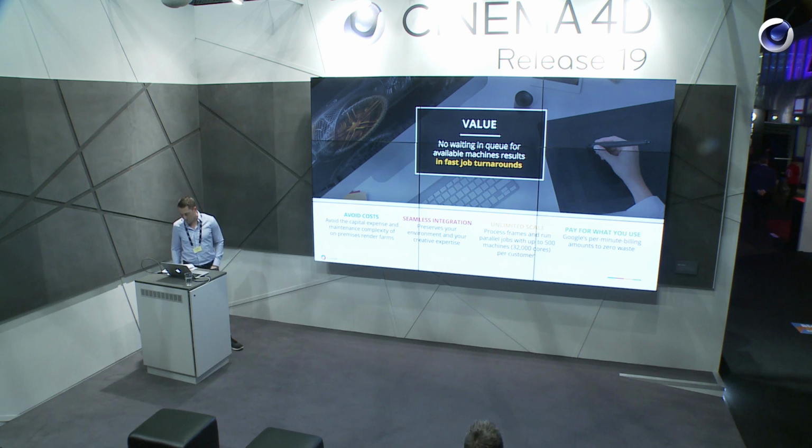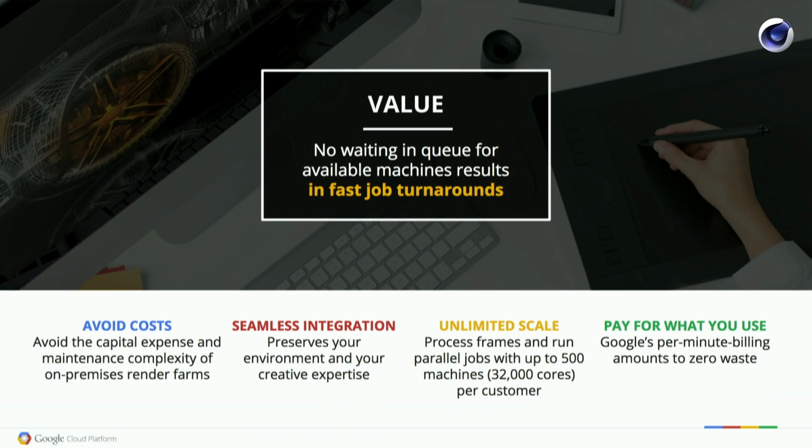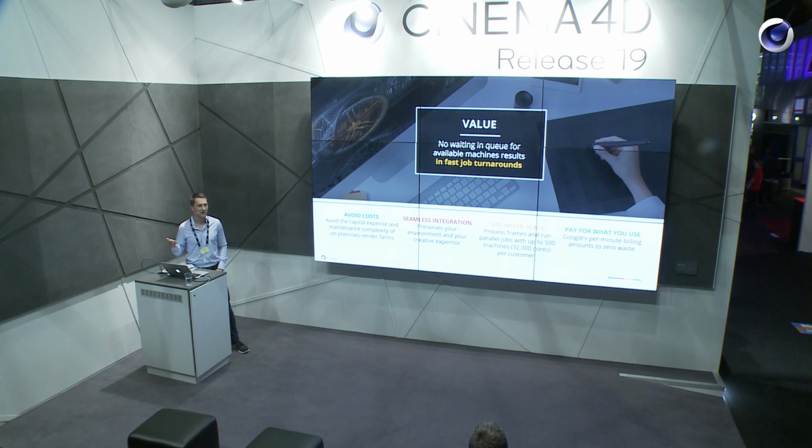And so there's other benefits in running on the cloud that you really get fast job turnaround time. So you don't have to wait in a queue for machines to become available. You really get unlimited scale to launch jobs and render frames in the cloud. And so then the fast turnaround time also means that you're saving your artist time because they don't have to wait around.